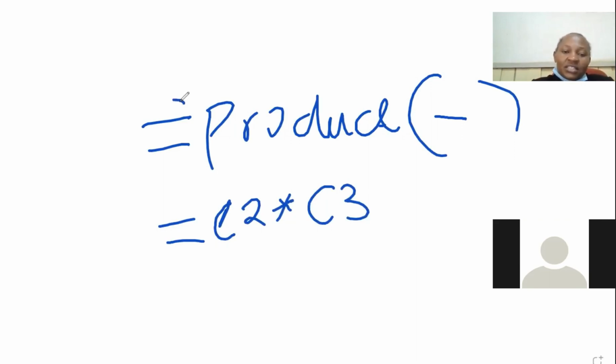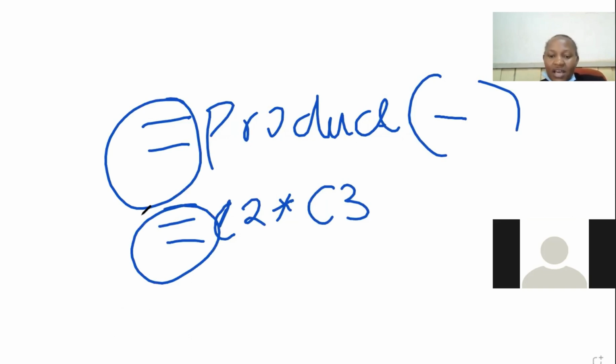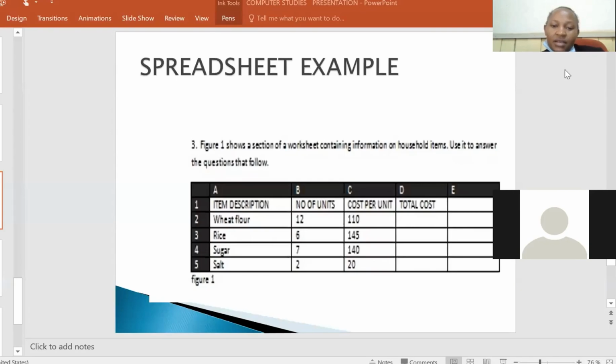Remember, I have always stressed that a function or a formula must always start with an equal sign. So the correct function here was equals PRODUCT(B3:C3), and remember the cell references are enclosed in brackets.